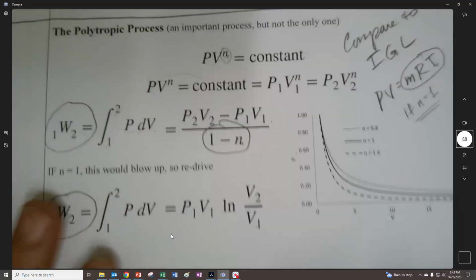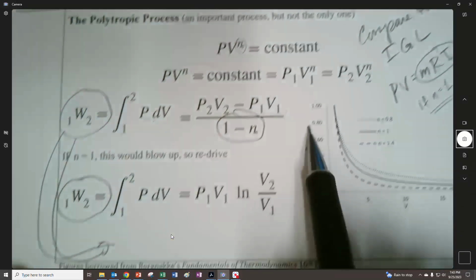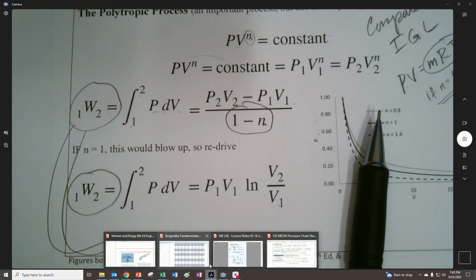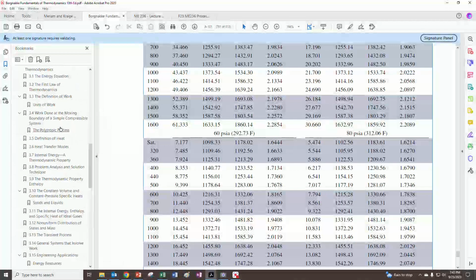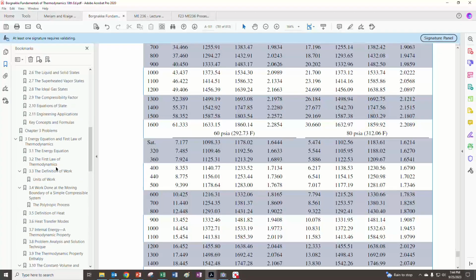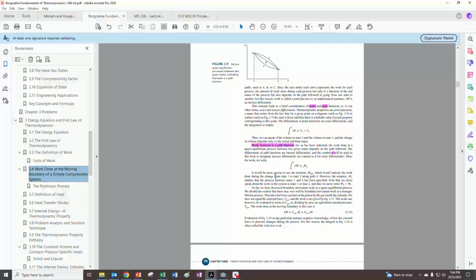And one last thing, I want to address that concern. I'm going to come up into the book, and this is section 3.4, Work as a Path Function.